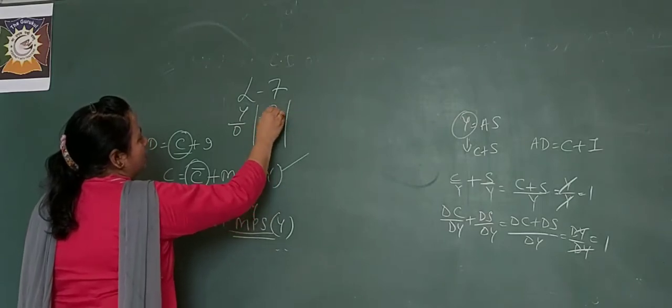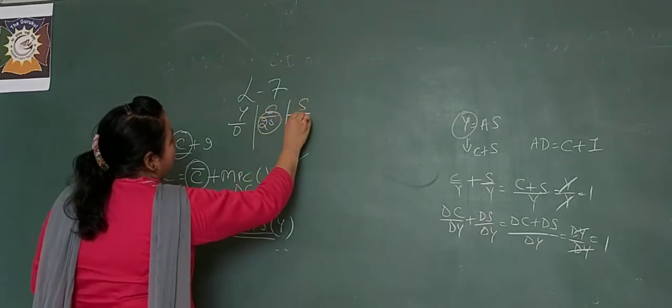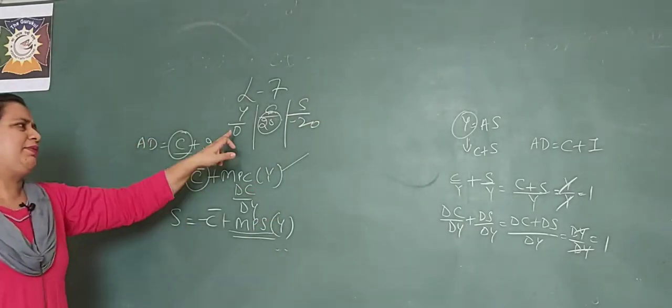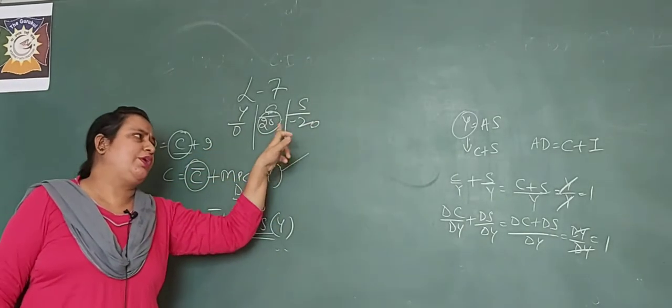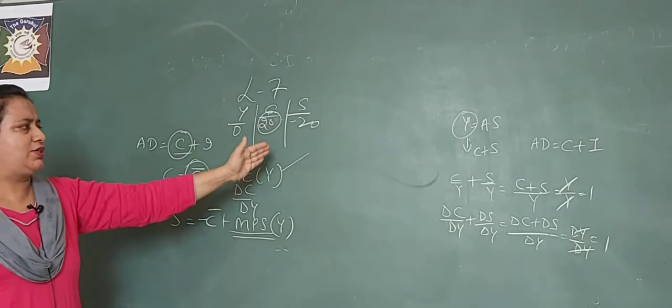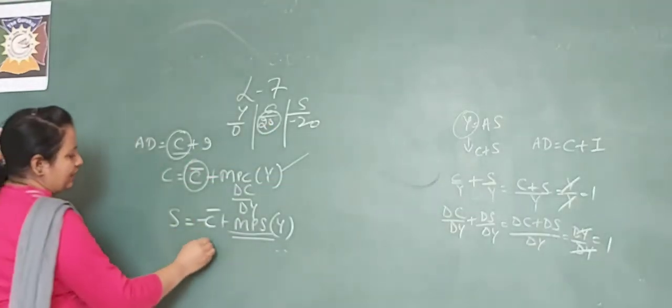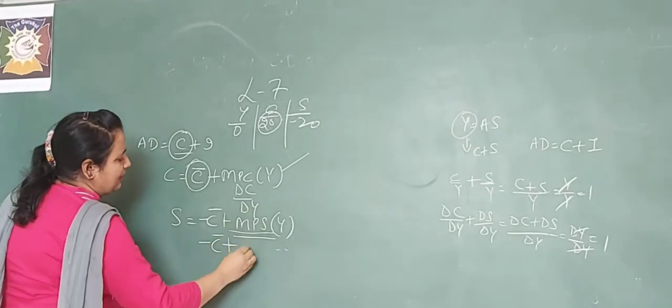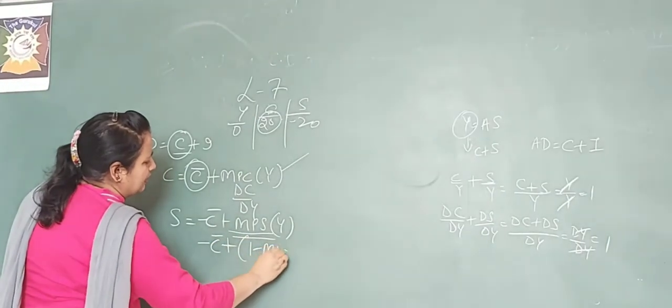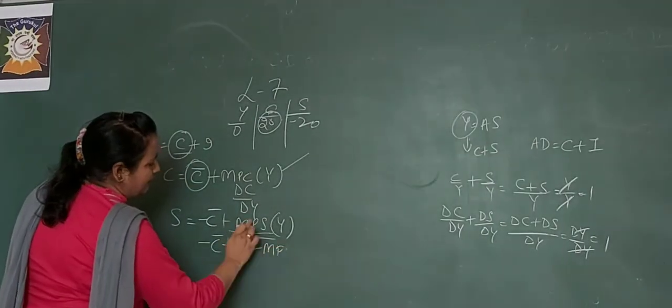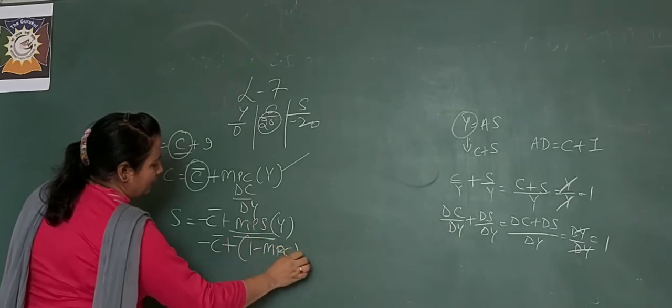It means this is autonomous consumption, so saving will be minus 20. If your income was 0 and you consumed something, your saving becomes 0 minus 20, that is minus 20. We can also write 1 minus MPC, 1 minus MPS is there, 1 minus MPC. Sorry.